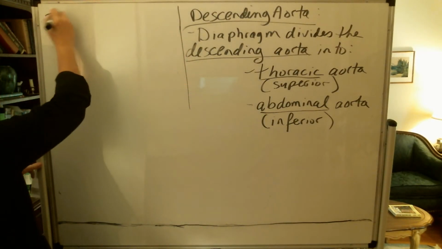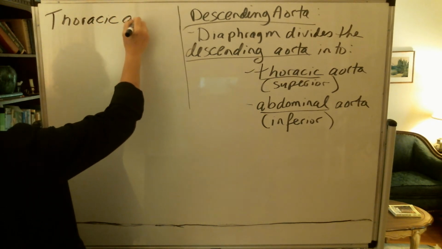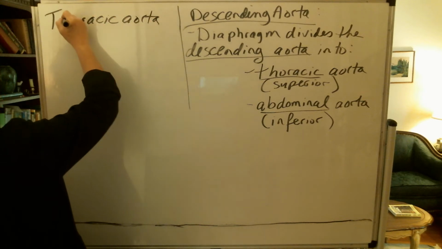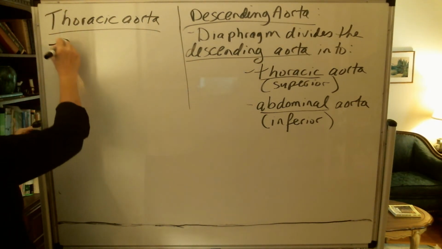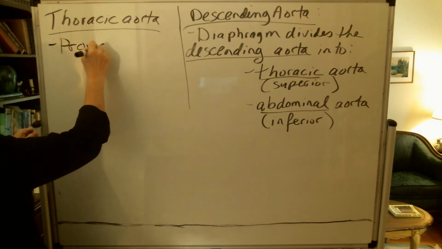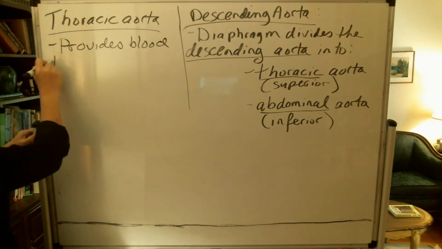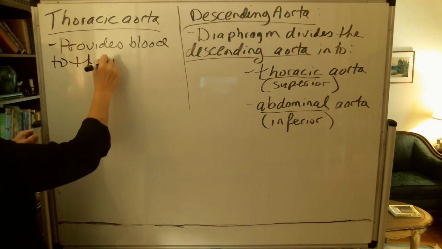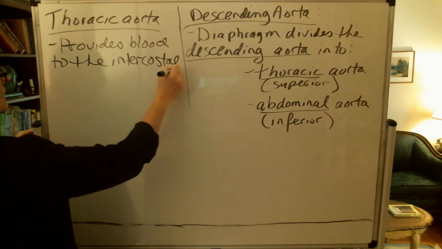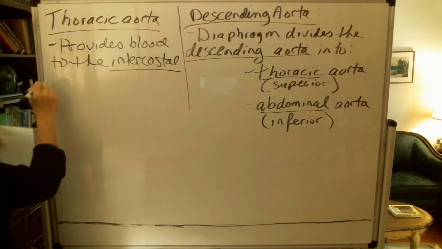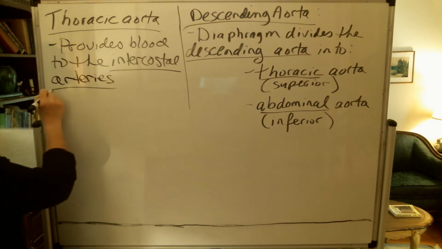So the thoracic aorta provides blood to the intercostal arteries.